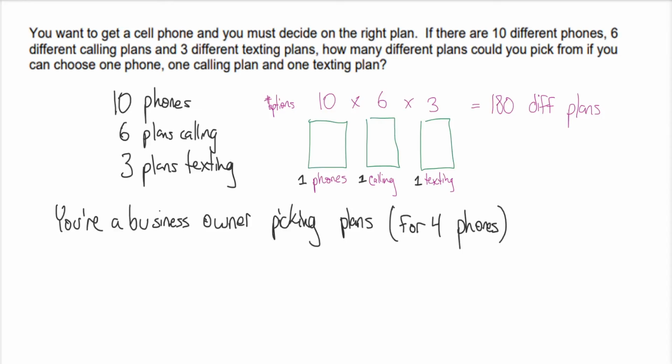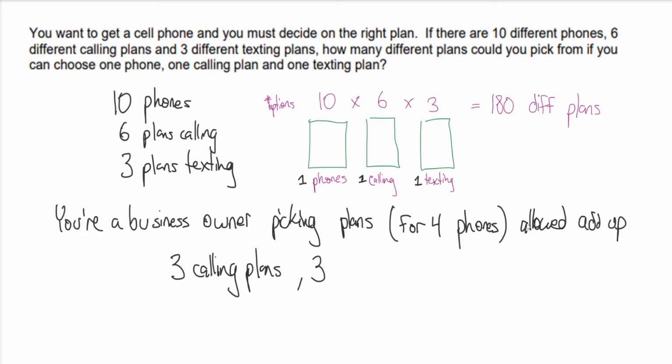So let's say that you're allowed to pick and add up 3 calling plans and 3 texting plans to make a business plan.